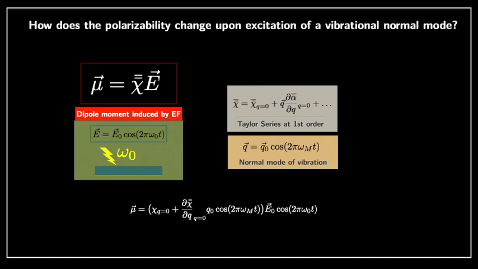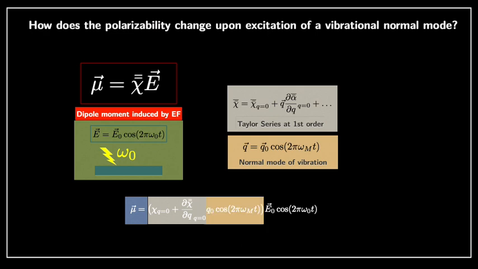This is going to be this. So we have chi, this is what we have in the gray box. But we also have a Q here. So I'm going to replace the Q by what I have in the yellow box right here. And then E, I'm going to replace by the oscillating value. So I think this is pretty straightforward to see. This is an equation that we have.